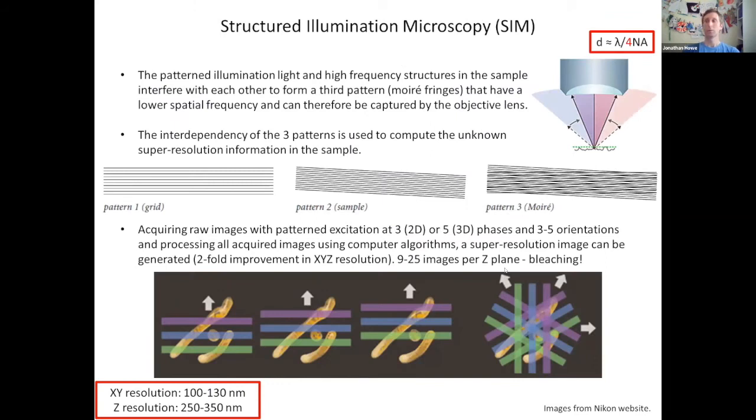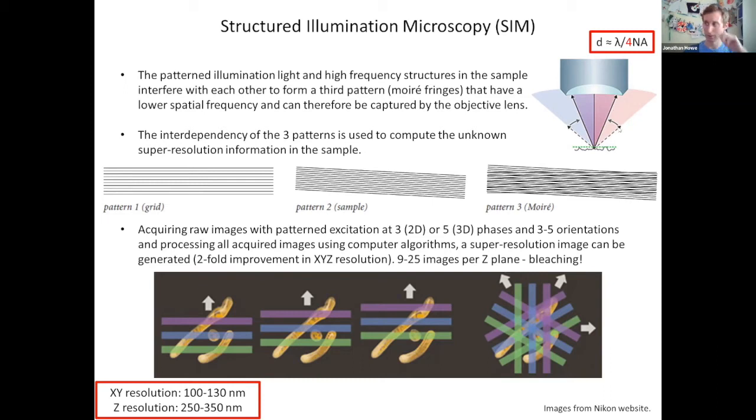SIM, or structured illumination microscopy, is a technique that aims to improve the resolution limit by illuminating the sample not with uniform light, but with patterned light. The reason we do this is because many of the finer structures, the higher spatial frequency information in your sample, is diffracted outside the collection angle of the objective lens.